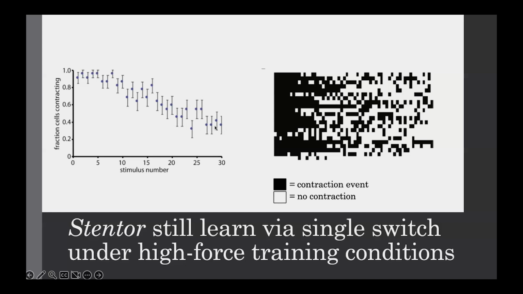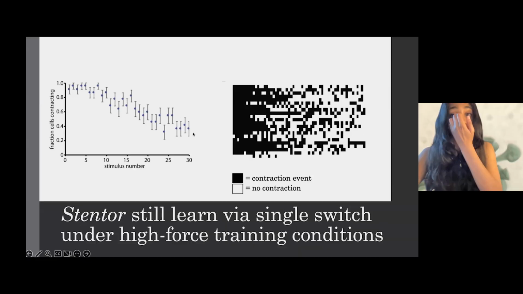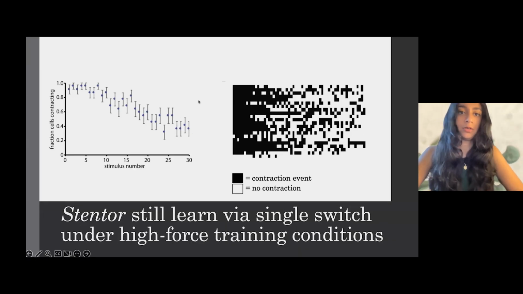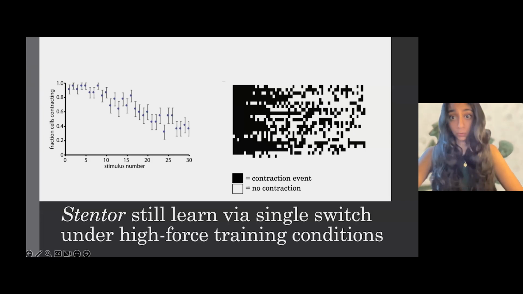Still a little under 40% of them are contracting, rather than under 20% that I showed earlier. But then I was still interested in whether under these high force conditions, the single cell analysis still holds up. To do this, I repeated the procedures before. I analyzed each single cell in this population, and I looked at their contraction behavior at each single time point.